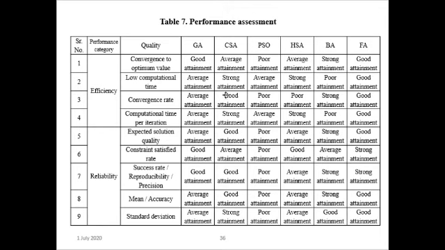Further, the attainment of all the qualities is obtained with respect to all the varieties of characteristics of the test functions that we have discussed, that is multimodality, valley, Bayesians, non-separability, dimensionality. Everything is considered over here, and then the complete chart is obtained.